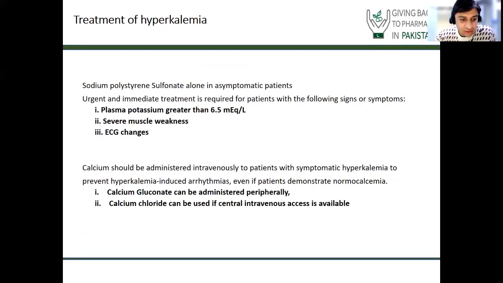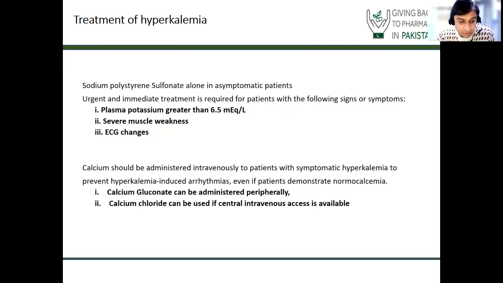All these patients who have symptomatic hyperkalemia should be given calcium. There are two dosage forms of calcium. One is calcium gluconate, another is calcium chloride. Most organizations have calcium gluconate. So 1 gram of calcium gluconate should be given over 10 minutes. Remember there are some errors.